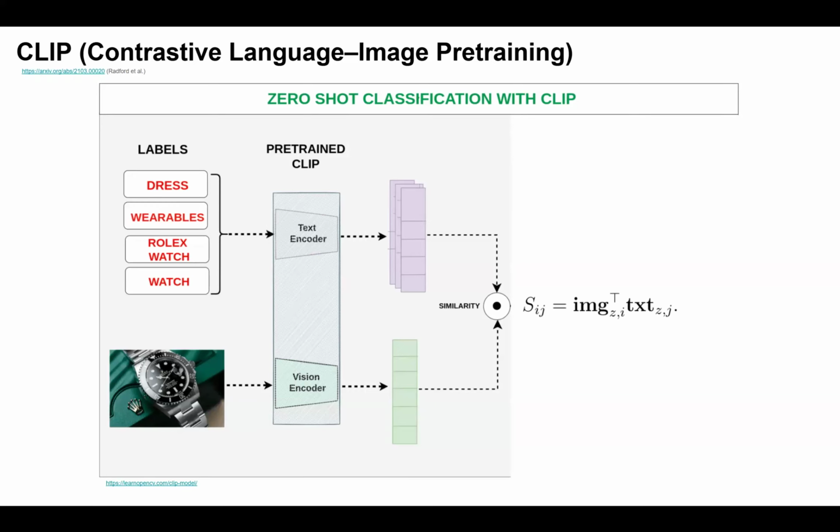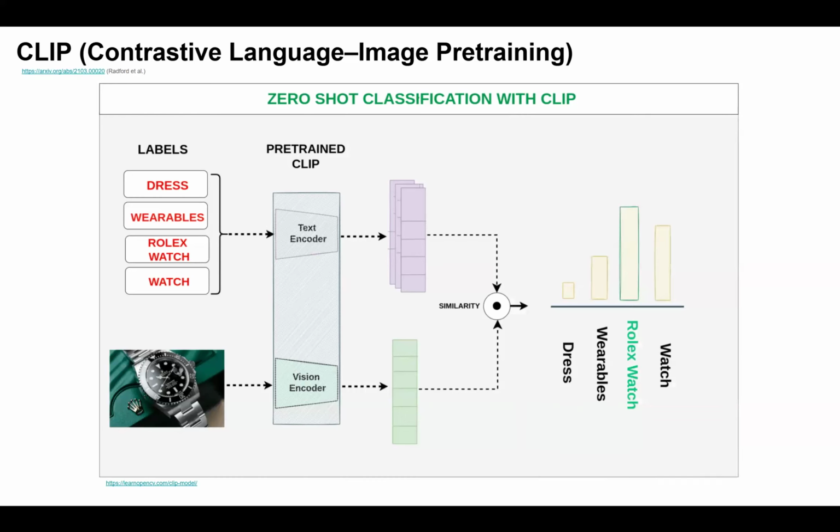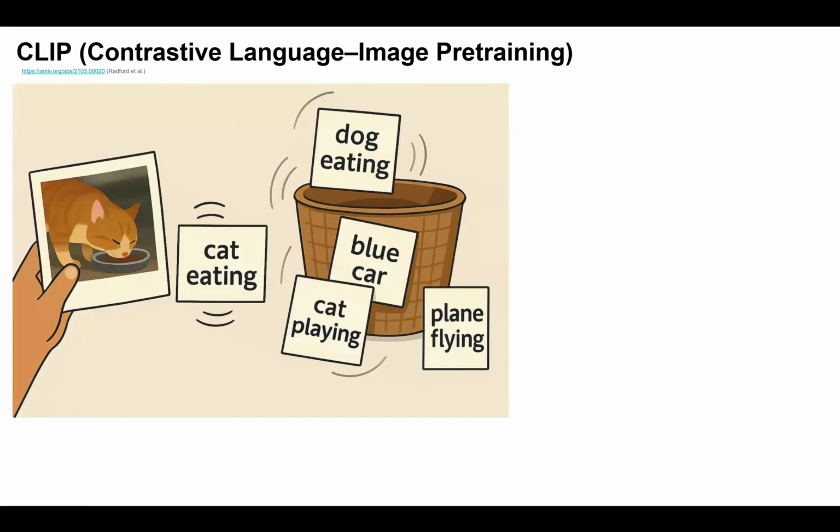If they have a similarity of 1, that means they are an exact match or very close to each other in the embedding space. Negative 1, they are completely different from each other, okay? So if you use this image to retrieve which caption is most similar to it, it will give the highest similarity to this one. And there is a similarity for the second one, third one, and so on.